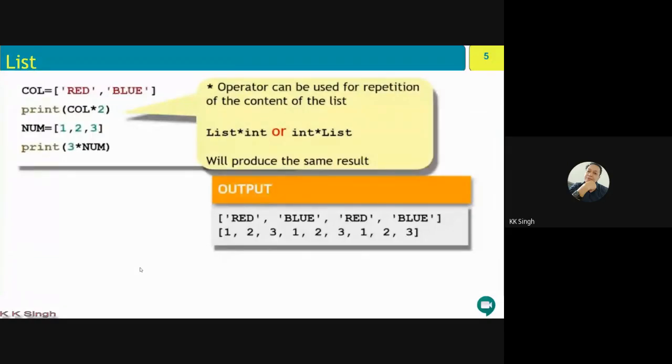Another example: num is equal to 1, 2, 3, and you say print 3 into num. So 1, 2, 3 will be repeated 3 times: 1, 2, 3, 1, 2, 3, 1, 2, 3.